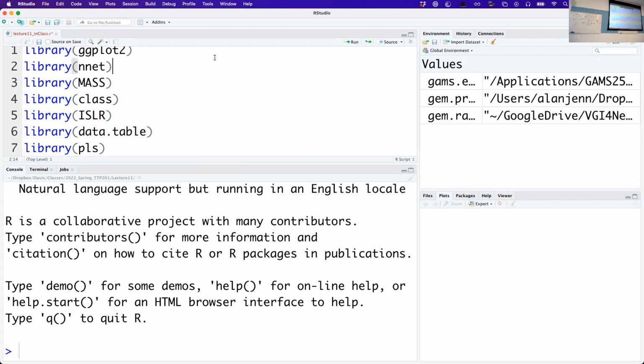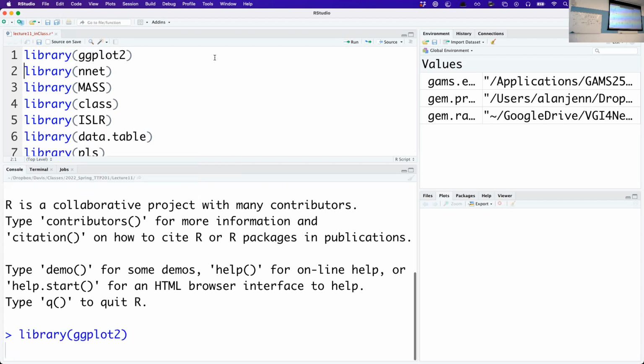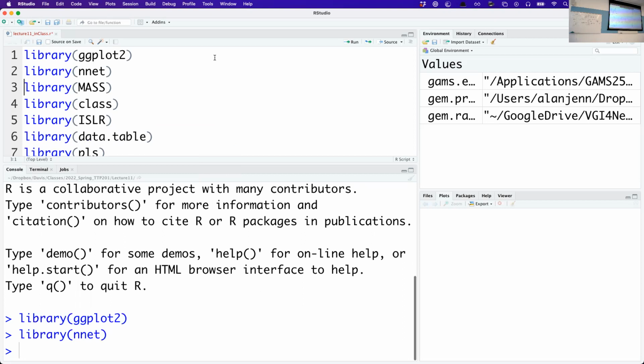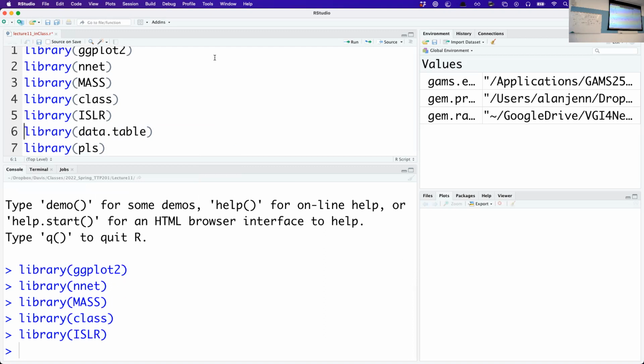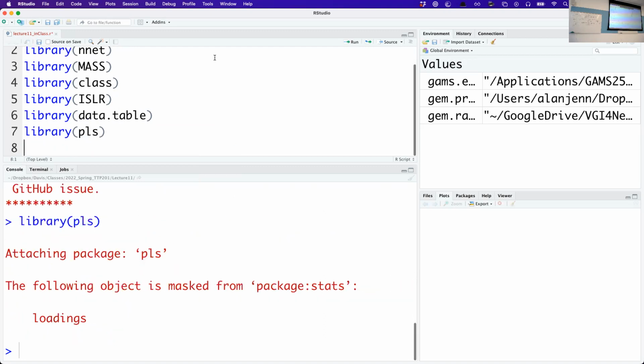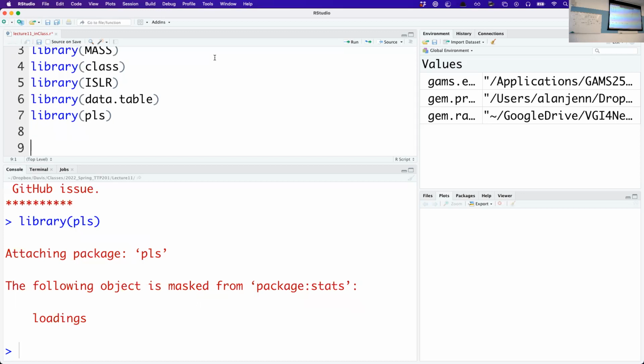So we're going to load in ggplot, which we definitely need, nnet, which we'll definitely need, MASS, which I think we'll need, and then definitely data.table. Actually, yes, we'll use some of these after this demonstration. Okay, so go ahead and load in all of these libraries.